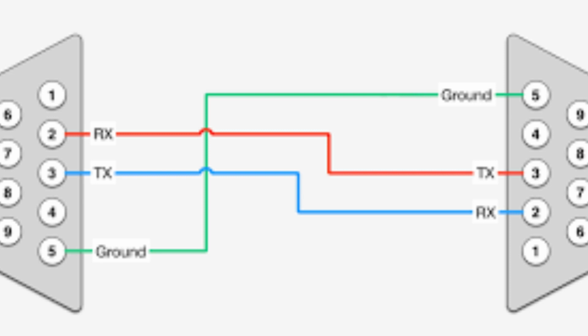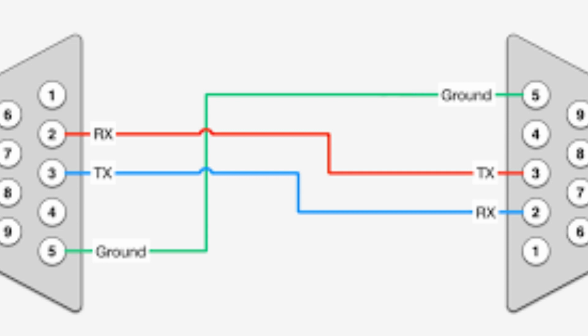USB to RS-232 converters. USB to RS-232 converters are commonly used to connect RS-232 devices to modern computers that do not have built-in RS-232 ports. These converters typically use a USB interface on one end and an RS-232 connector on the other.